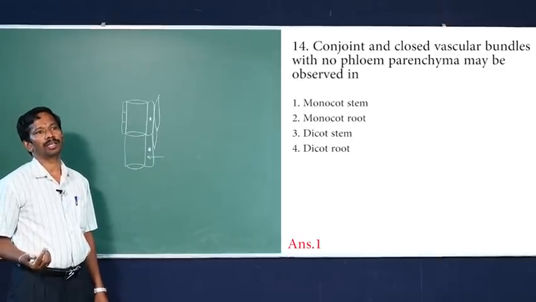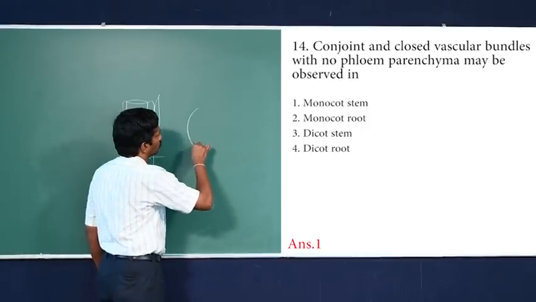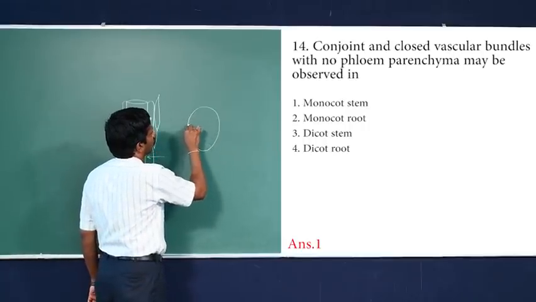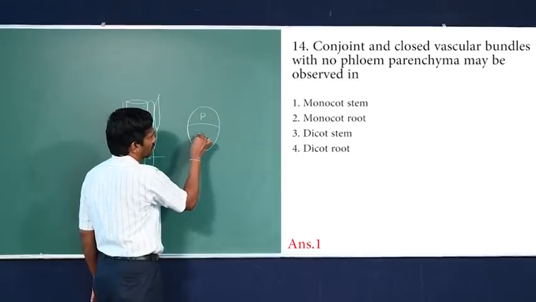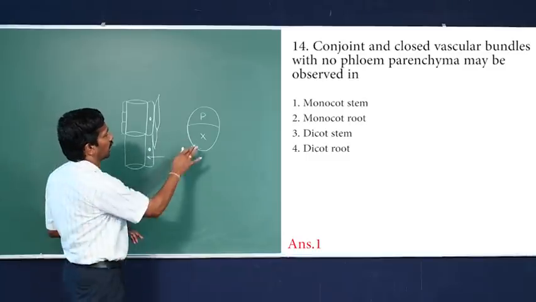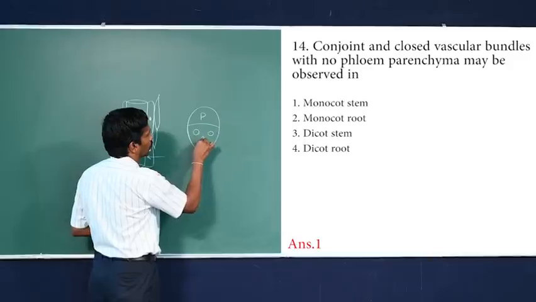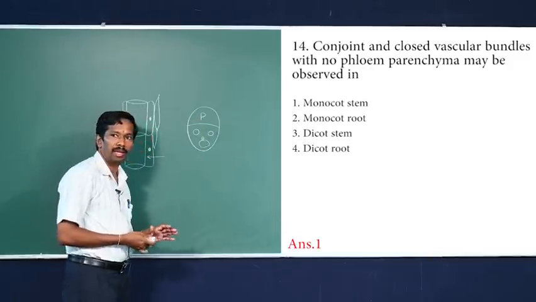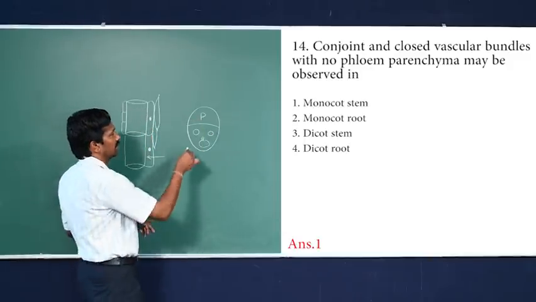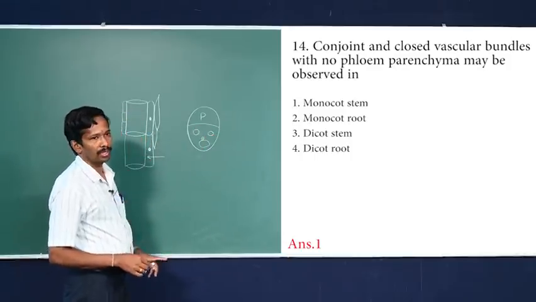So the answer is monocot stem, where the bundles are conjoint, collateral, and closed, with phloem towards the outer side, xylem towards the inner side, and 2 metaxylem elements, 1 or 2 protoxylem elements with the remaining protoxylem elements forming a lysigenous cavity. Without any cambium, it represents a closed vascular bundle.